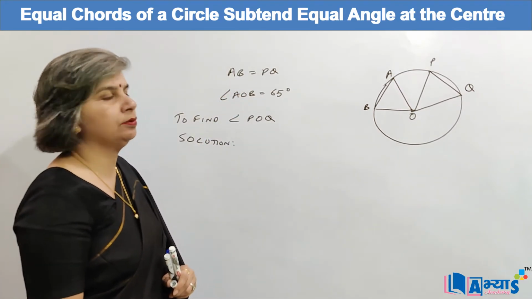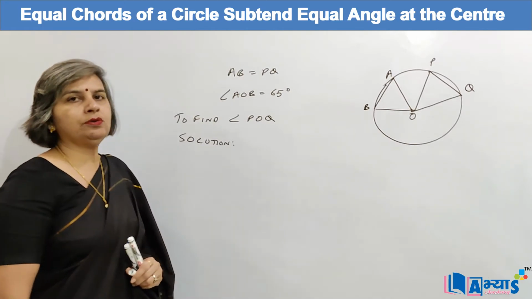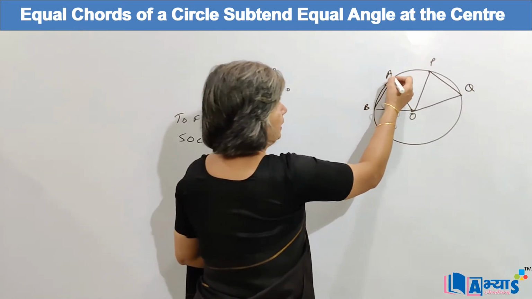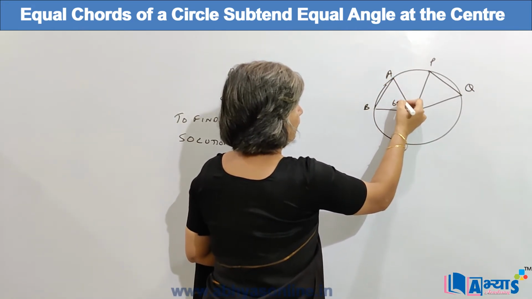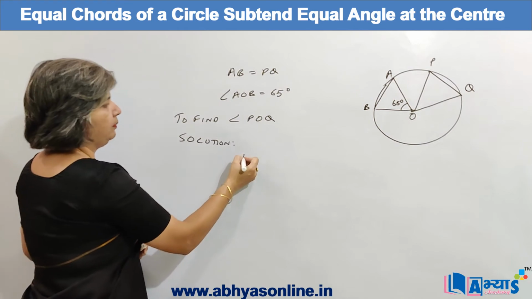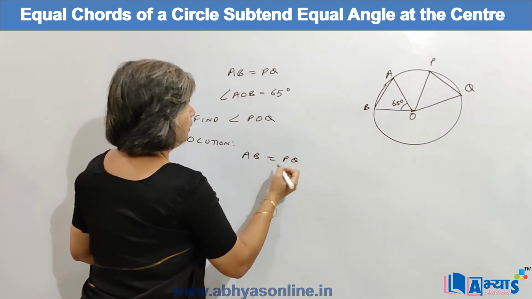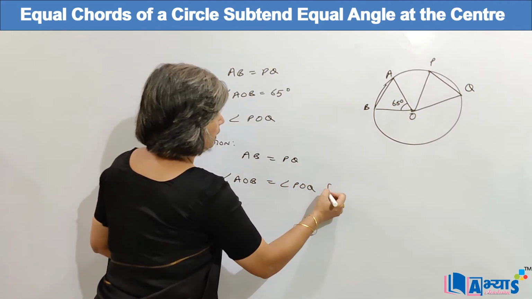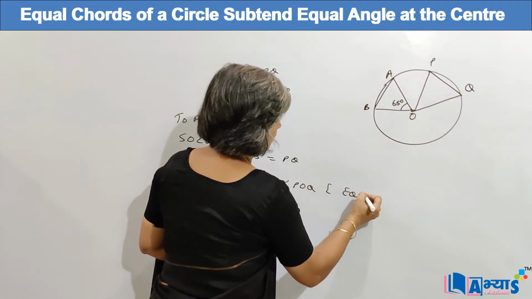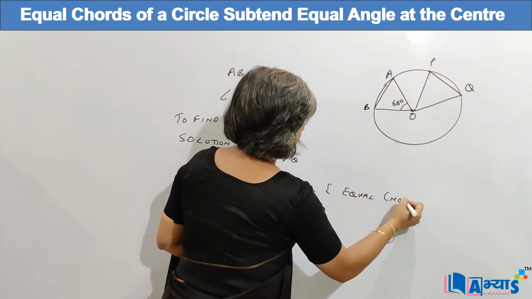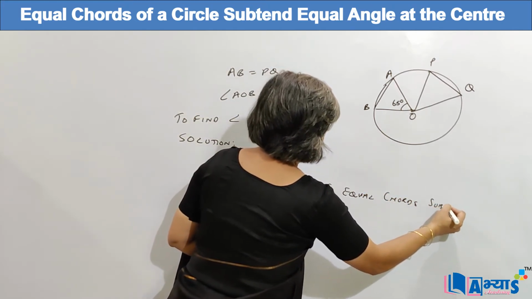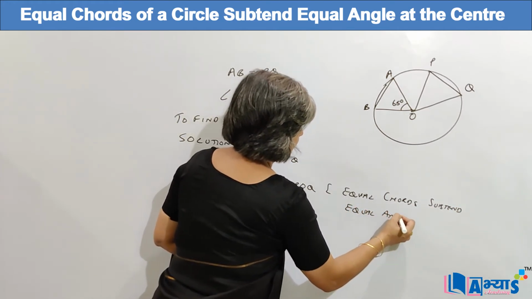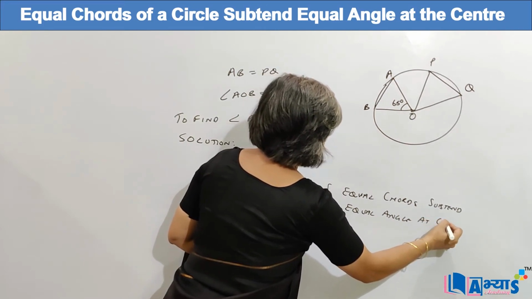The solution will be, as we are given that AB is equal to PQ, that means the chords are equal, and we know that equal chords subtend equal angle at the center. Therefore angle AOB is equal to angle POQ because equal chords subtend equal angle at the center.